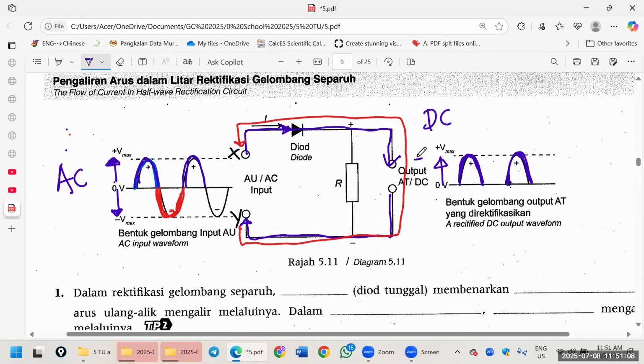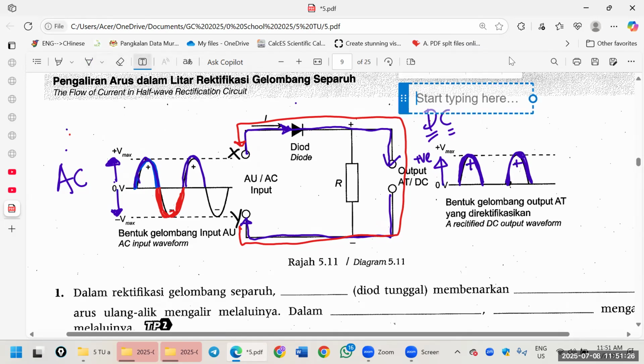Because now there is only the positive part, even though the curve only has the positive part, it becomes direct current already. Direct doesn't mean it must be straight. Direct means it only has the positive part, alright? So we call this, please write here, half wave rectification.